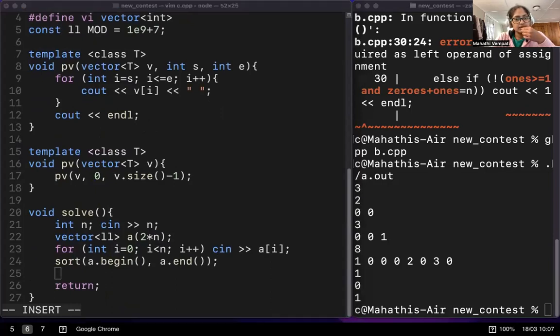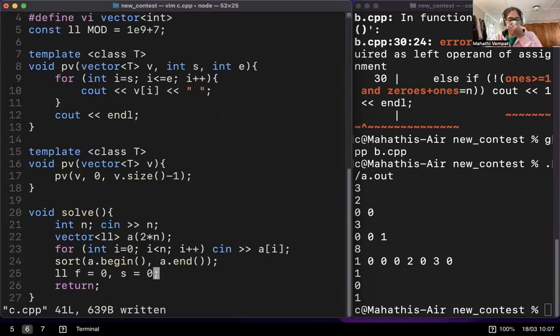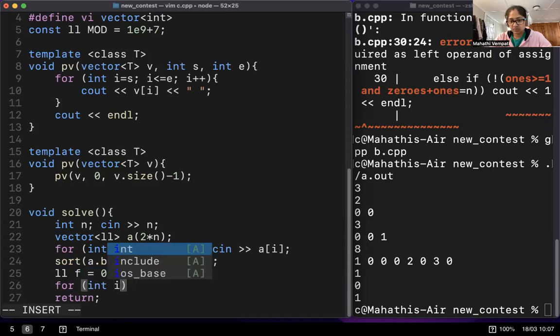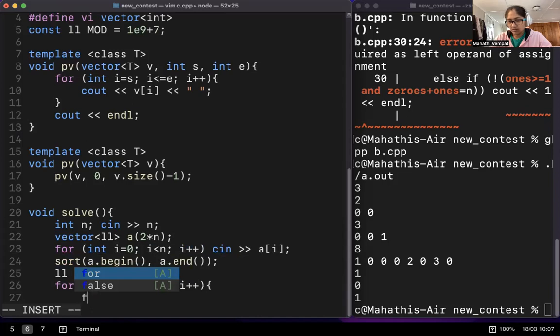Oh, it is the magnitude. So long long F equals 0, comma S equals 0. F plus equals abs of a of i.